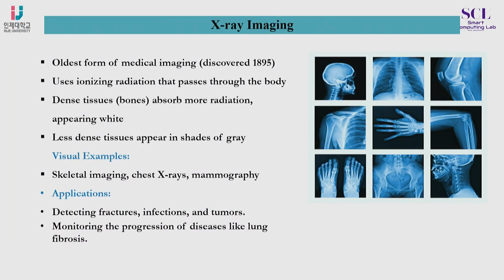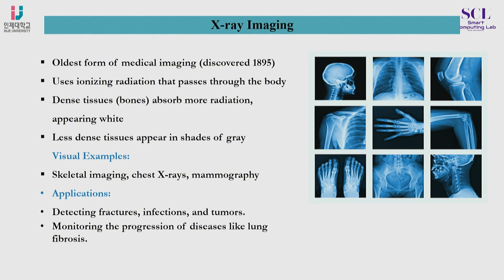So coming to X-ray image, this is the oldest form of medical imaging, and it was discovered in 1895, and it uses ionizing radiation that passes through the body, and dense tissue like bones absorbs more radiation, appearing white. Here you can see that the flesh is not visible, only the bone areas are shown by these X-ray images.